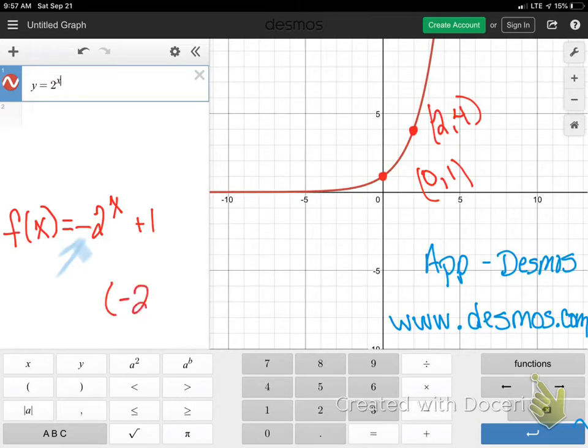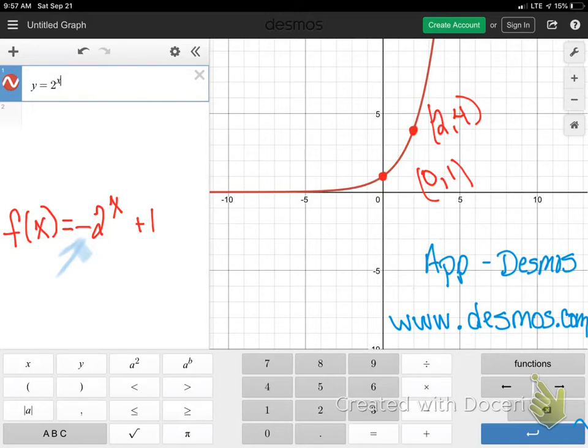It would have to be written in parentheses to the x power. So negative 2 inside parentheses raised to the x power is when the negative would be raised to that power, and we are not doing that. That negative is completely separate. The only thing being raised to a power is the 2. That's a super important thing for us to realize as we start looking at this function.